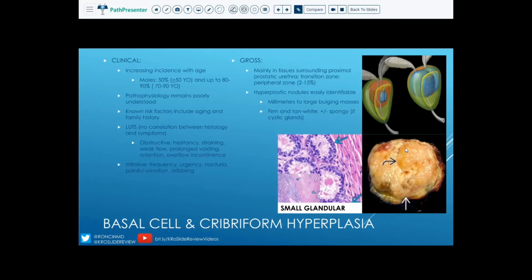The nodules themselves are relatively easy to find on gross exam, and they can range anywhere from a couple millimeters in size to these really large, bulky masses. And the areas themselves tend to be very firm and white, but they can be spongy, and this is if you get that cystic dilation like we were seeing in that one area on the right side of our slide.